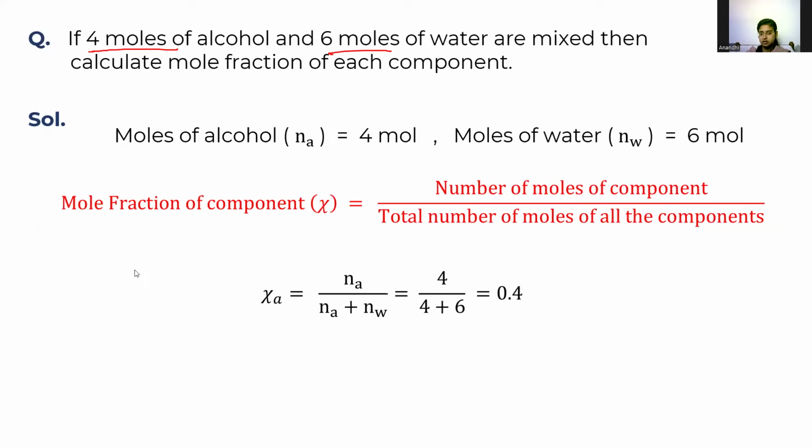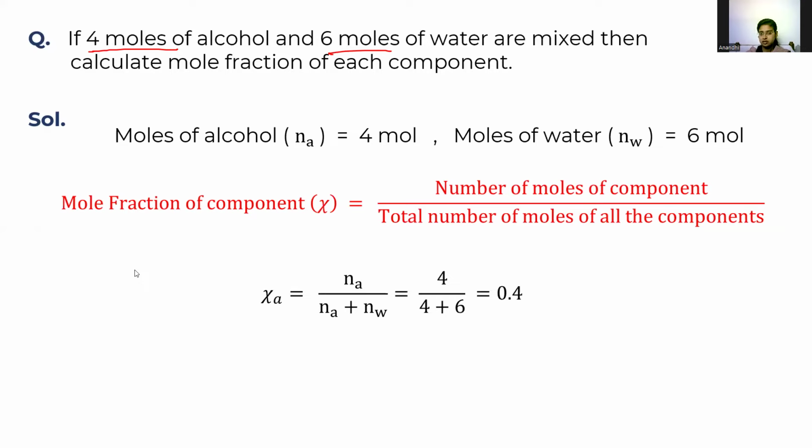Got it? So in some questions, you will not be provided with the direct number of moles values, like the 4 mole and 6 mole like this. They will give you the mass, like 4 gram of ethanol reacts with 16 gram of water.